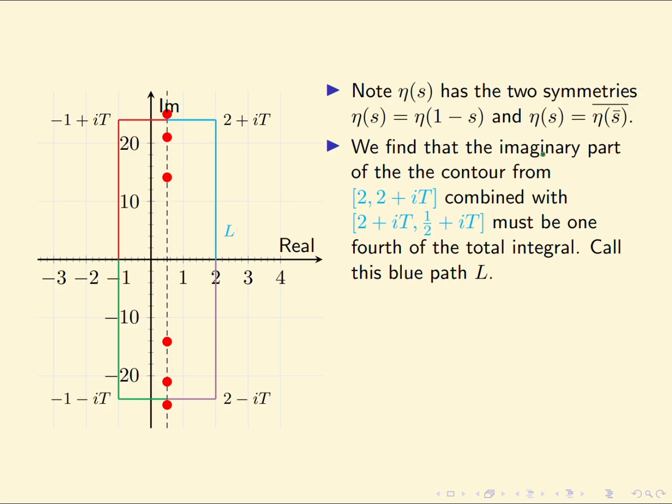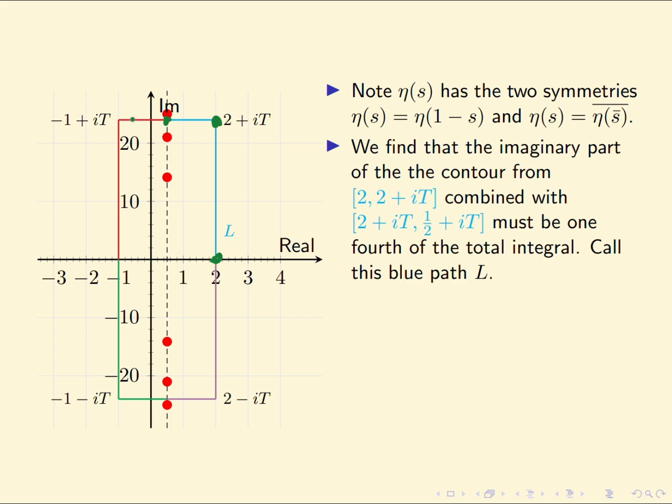So we found that the imaginary part of the contour from 2 to 2 plus it, so from here to here, combined with the integral from 2 plus it to 1/2 plus it, so from here to here, so that's this whole blue segment, must be 1/4 of the total integral. Again, this is not true in general.